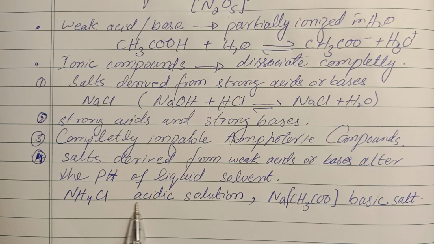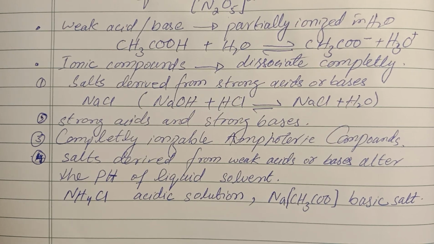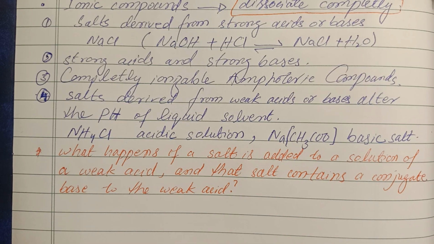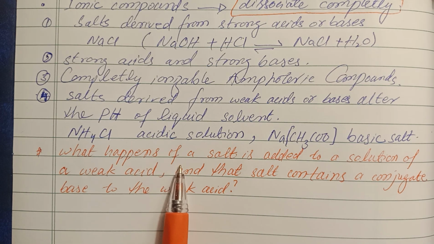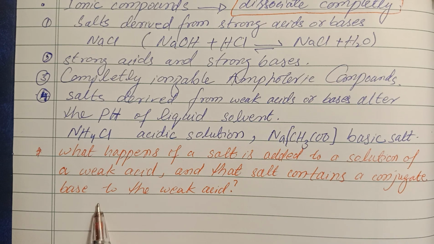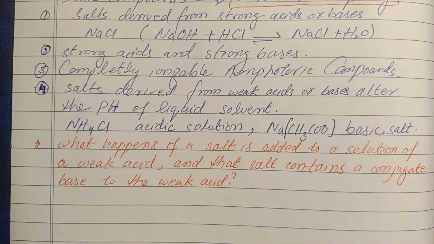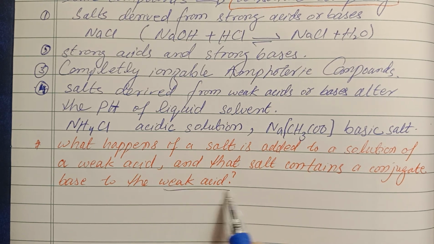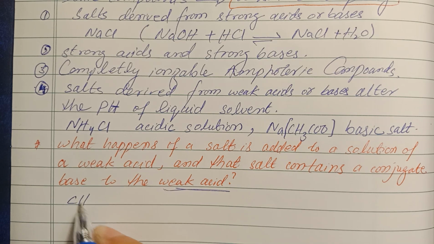Now let's consider a question: what happens if a salt is added to a solution of a weak acid and that salt contains a conjugate base to the weak acid? Consider an example of a weak acid, acetic acid.